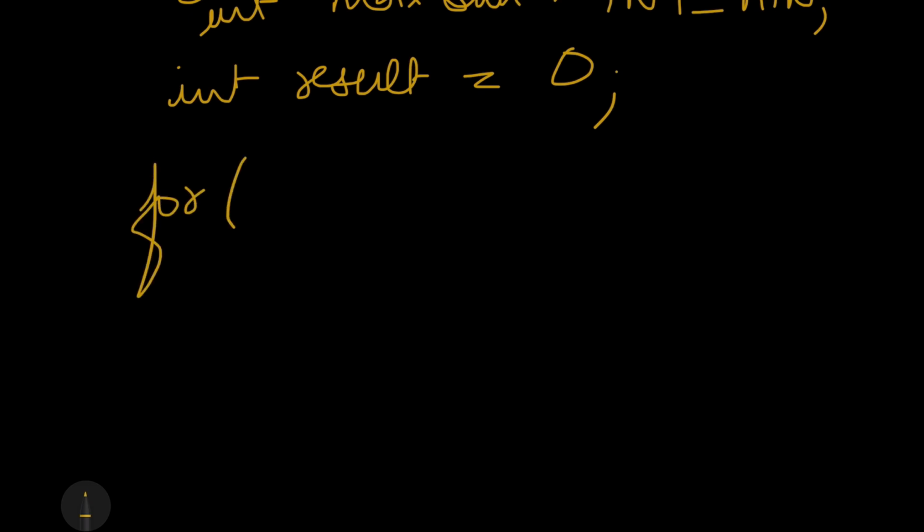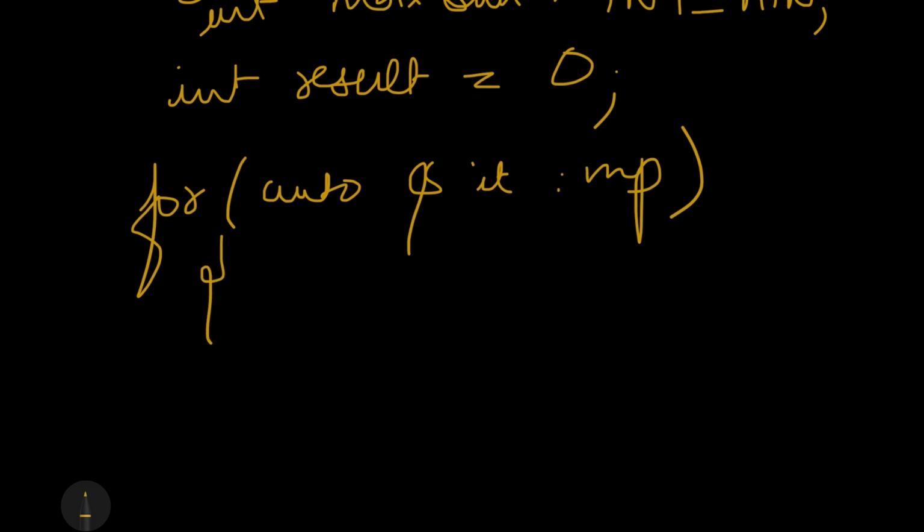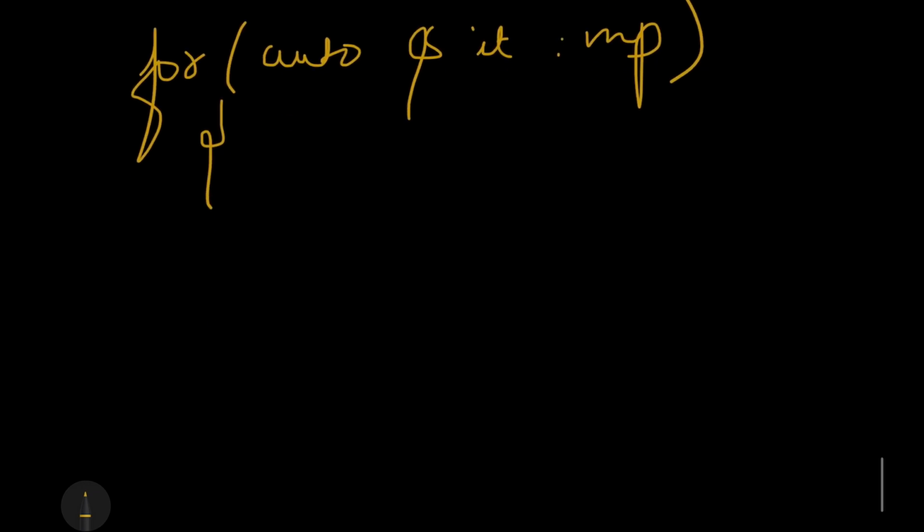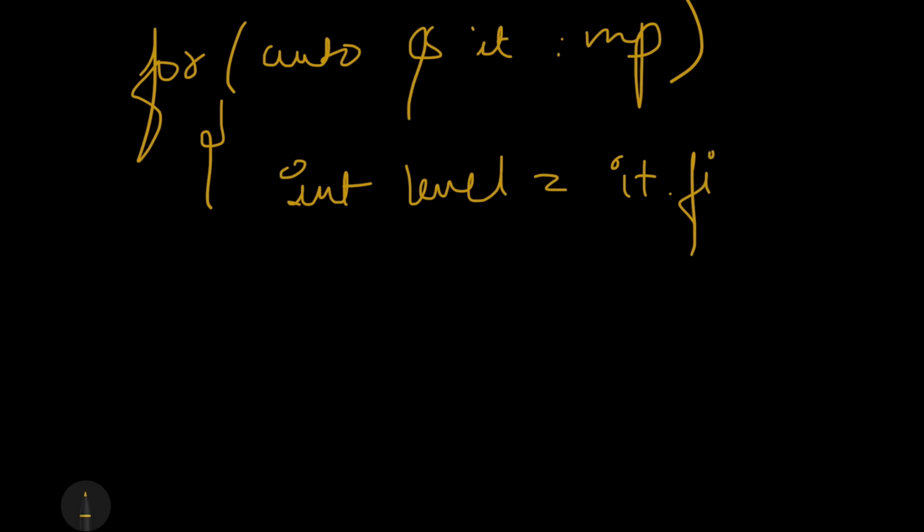Then we'll iterate through the map for auto IT of map. And inside it, we'll define a variable to contain level which is IT of first, and then we'll contain the sum of that level in another variable named sum, which will contain IT of second.